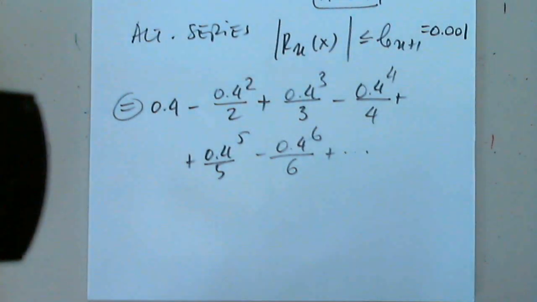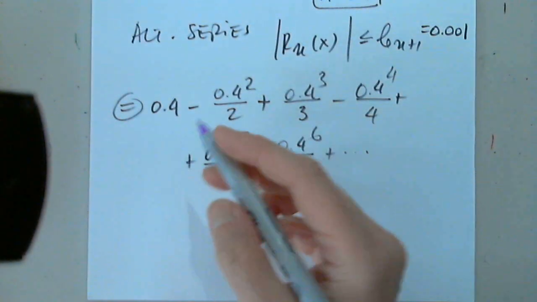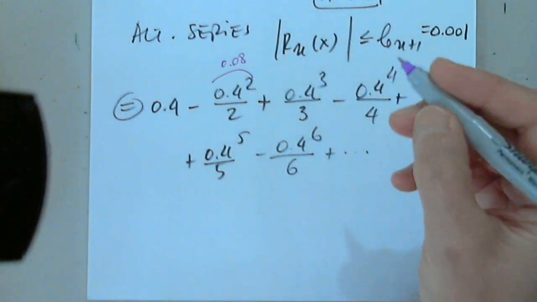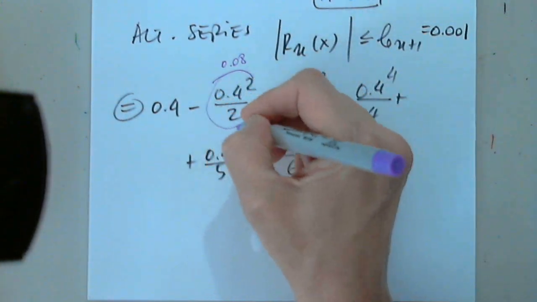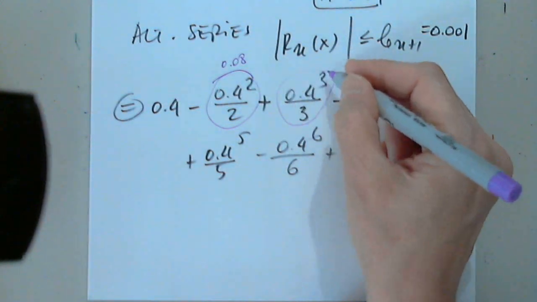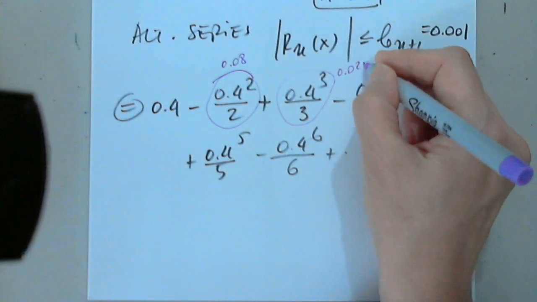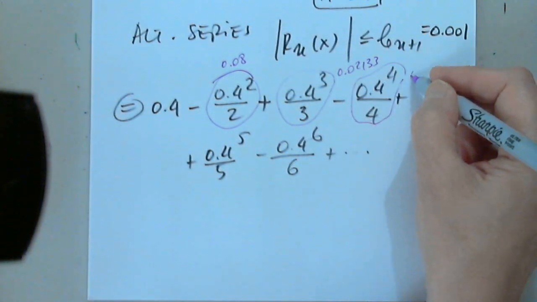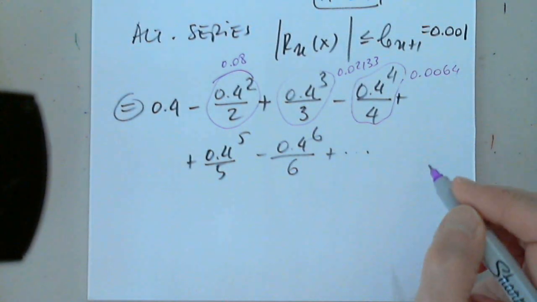So this is 0.4. Let me use a different color here. So this was 0.4, but this calculation is 0.08. This calculation, this whole piece is 0.02133.